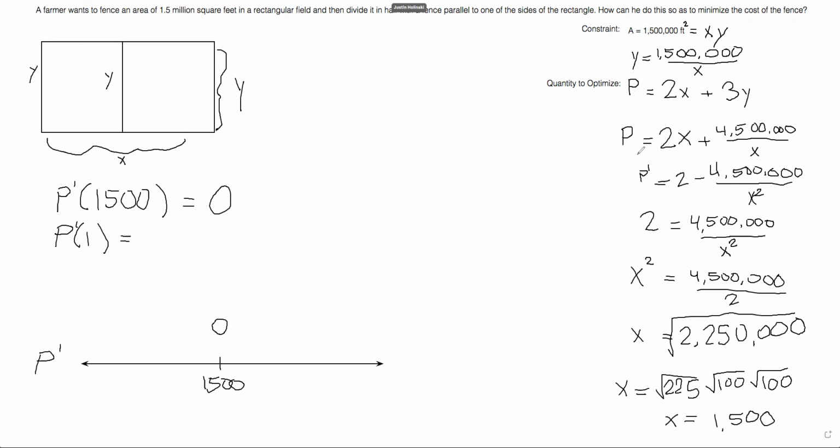We're going to get 2 minus 4.5 million over 1. We don't really care about the value. The only thing we really care about is whether it's positive or negative. When we plug in 1 for the derivative, we get 2 minus 4.5 million, which is absolutely negative.